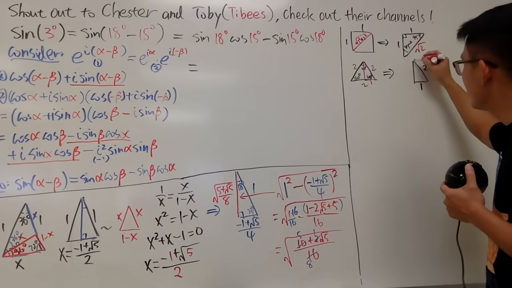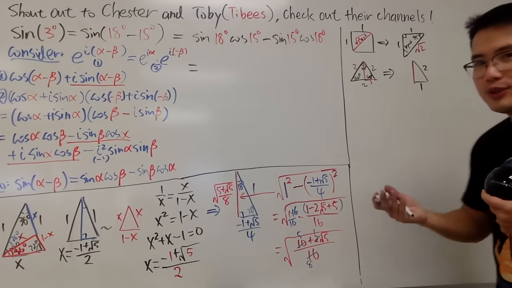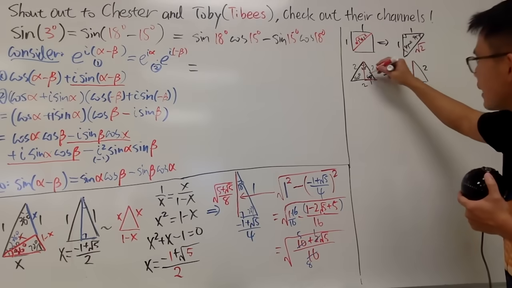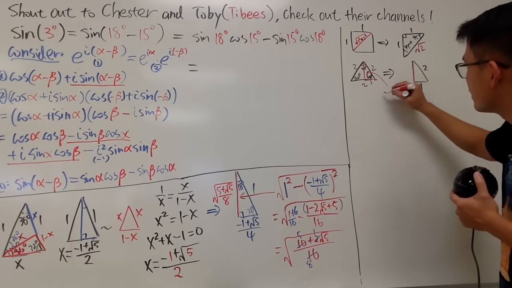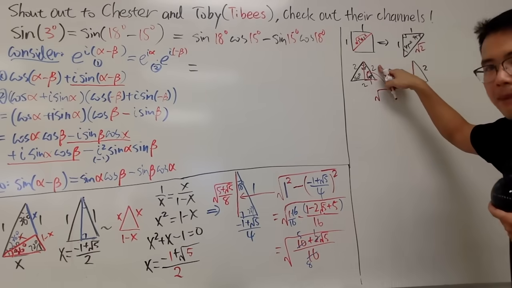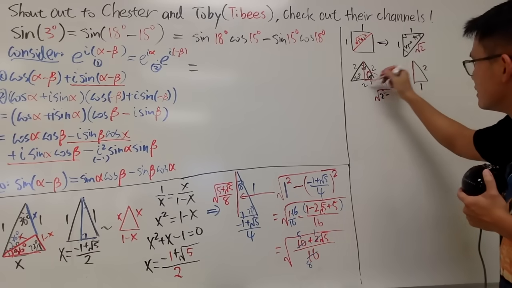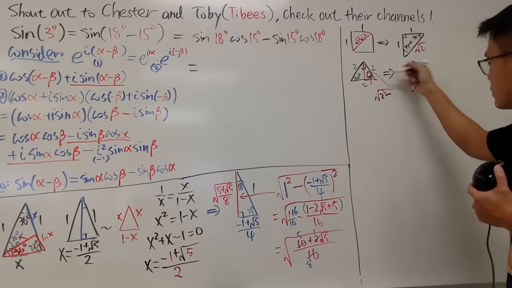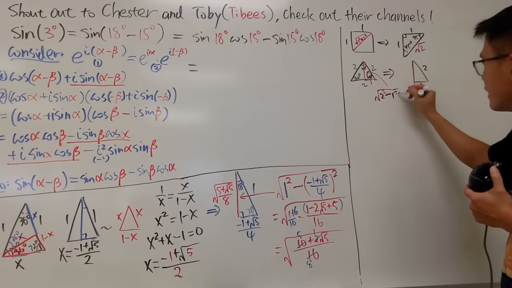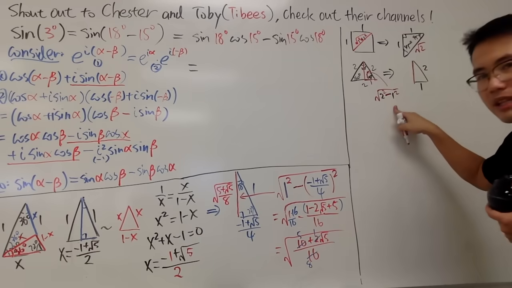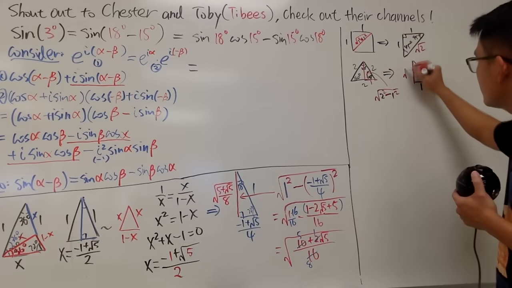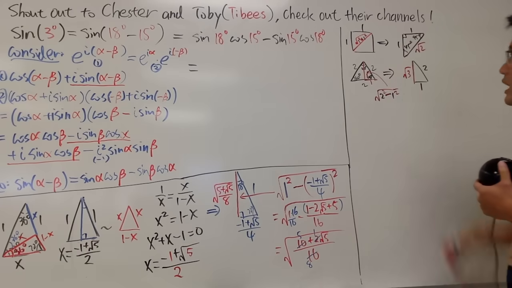But we still have to figure out this side, which again, do it the quick way. This right here is the square root of the hypotenuse squared, which is 2 squared, minus this side squared, which is 1 squared. And this right here is 4 minus 1, which is 3 inside here, right? So we have square root of 3 like that.